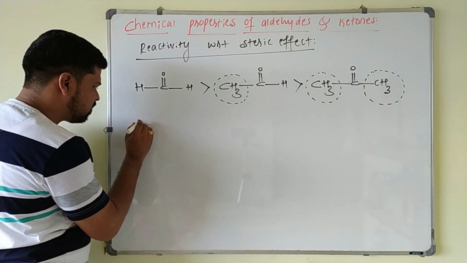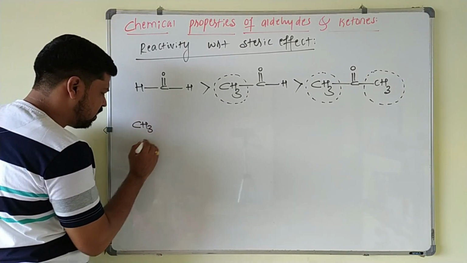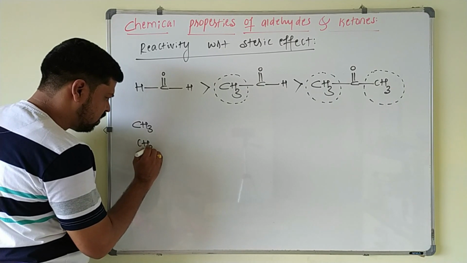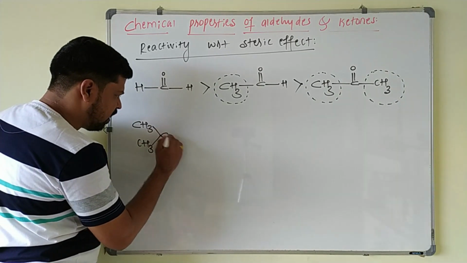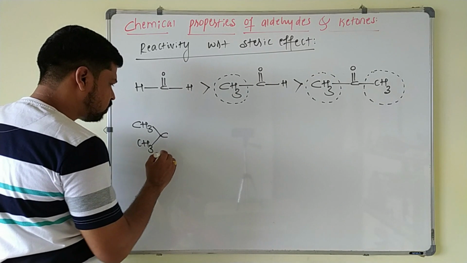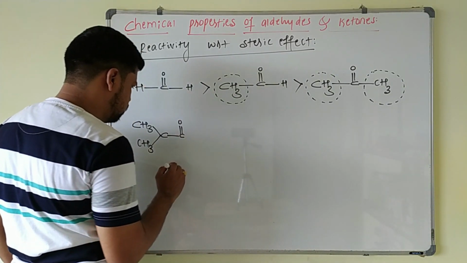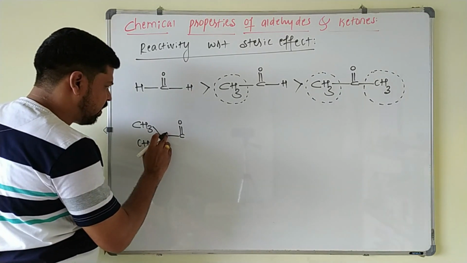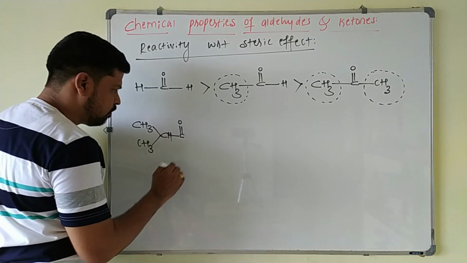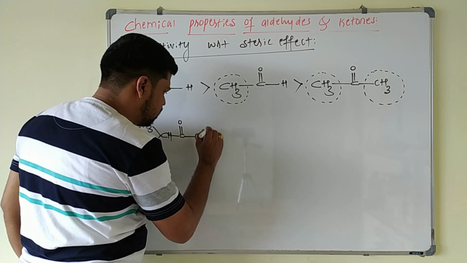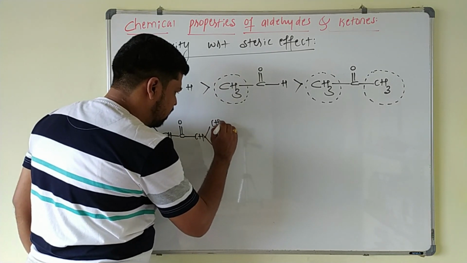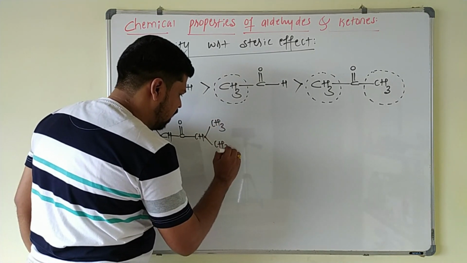Suppose if I write like this, this is CH3, CH3, and this will be carbon, C double bond O. For this one you have to write one hydrogen here. Next this is a CH, again CH3 and CH3.